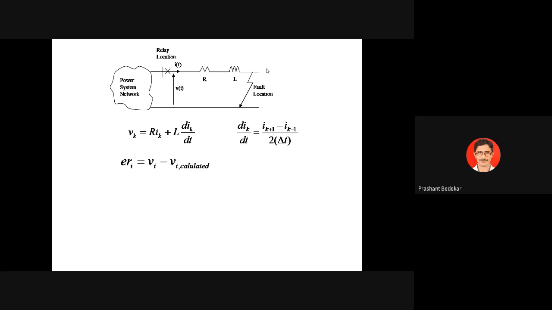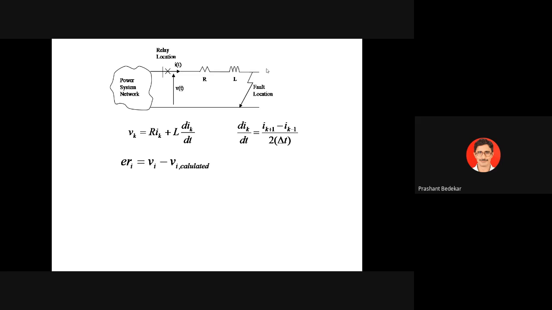As the current samples are available, I can take i_k. I can also take di_k by dt using the formula. So I am calculating the voltage. On the other hand, the actual voltage at that particular instant is also available with me. As I said, I have both voltage samples and current samples.